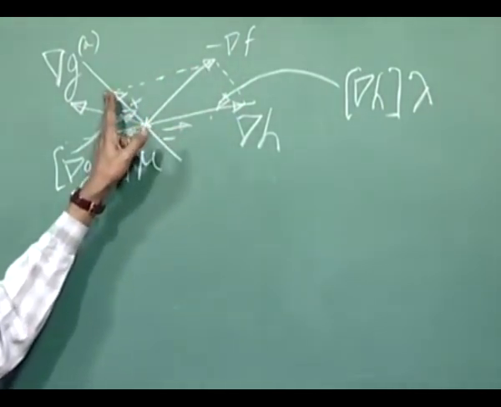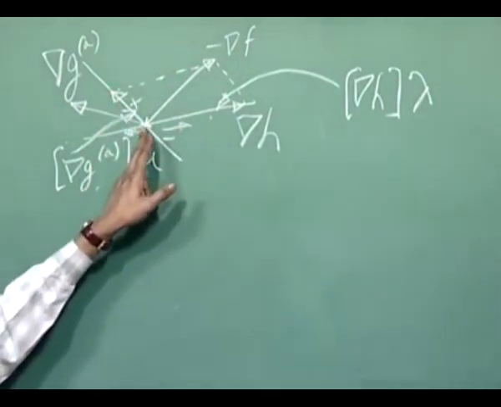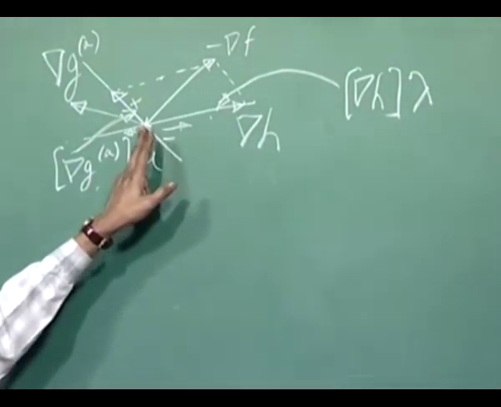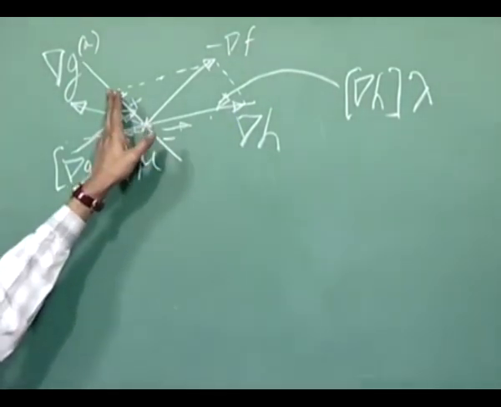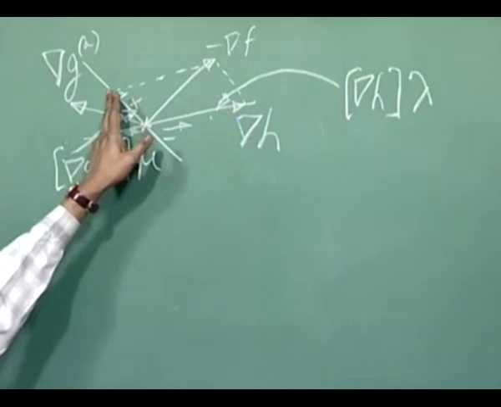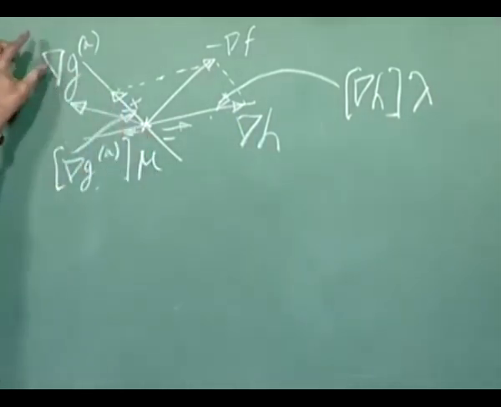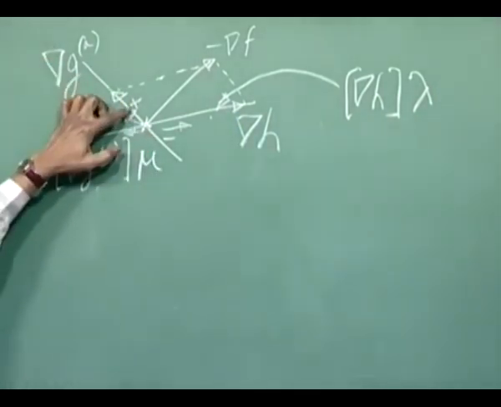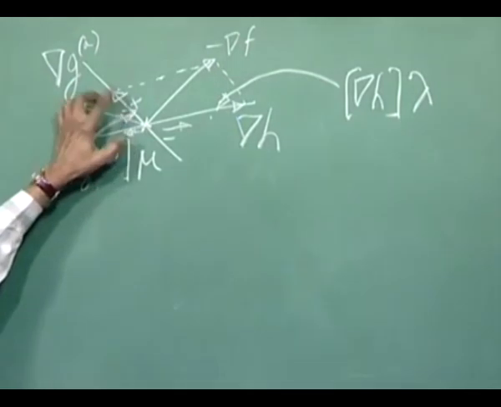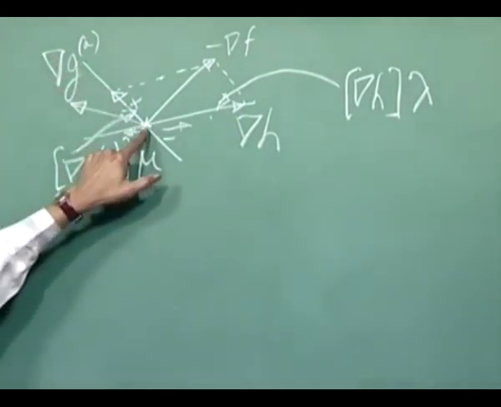But that does not stop this point from being a local minimum, because this is a direction in which even if the function value does decrease, it does not matter, because that direction is not feasible. In this direction g will become positive, grad g is in this direction, g is 0 here, g is positive here.